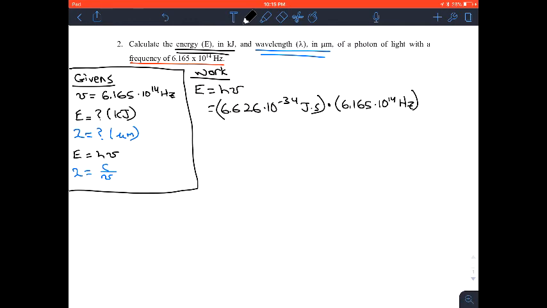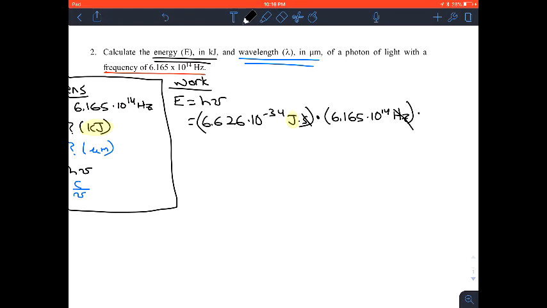As always, when seconds and hertz are multiplied together, they're going to cancel out by definition. So now we're left with joules, which we're not looking for. We're looking for kilojoules. So we need to do a conversion factor.